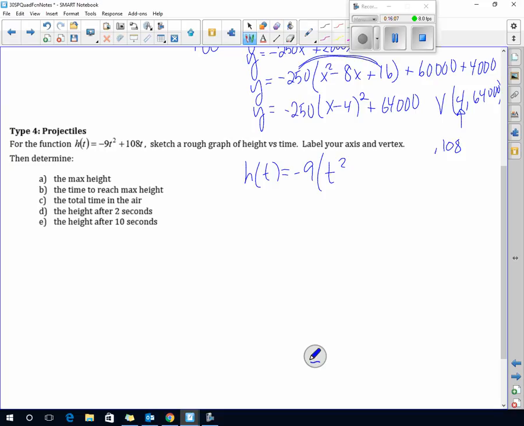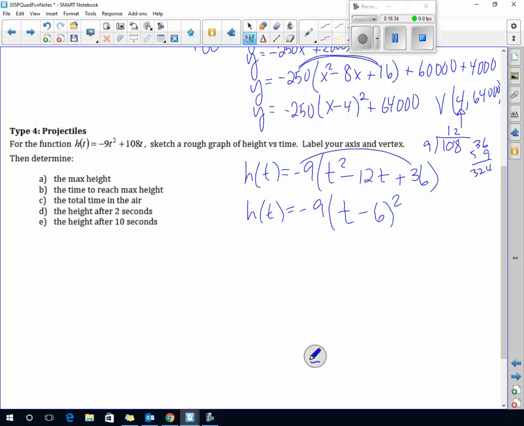So then I get h of t equals minus 9 times t minus 6 squared, which is 36. 36 times 9 is 324. So I actually minus 324, so that means I need to add 324. So my vertex is 6, 324.